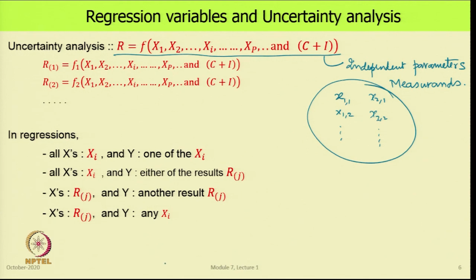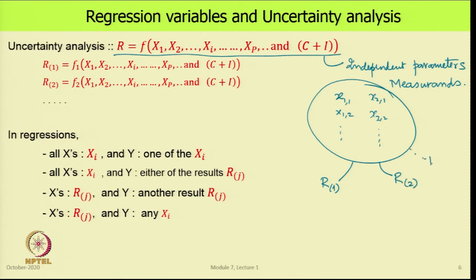Now, when you look at this, we say that in an experiment, after all this data was collected, I could do a calculation for one result, we will call this R1, based on a certain combination of these parameters. Then I will use some of the other parameters and I will calculate another result which I will call R2.